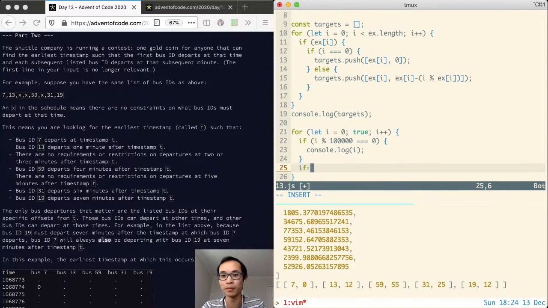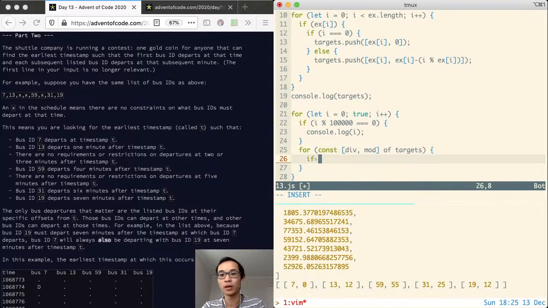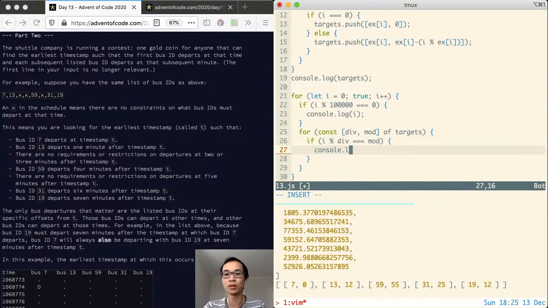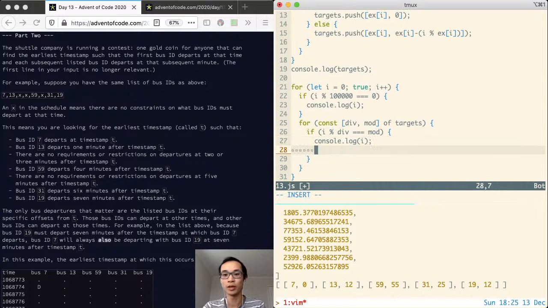If, for const div mod of targets, if i mod div equals mod, console.log i, break.